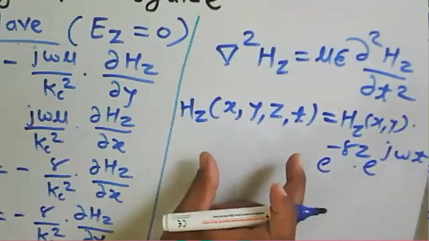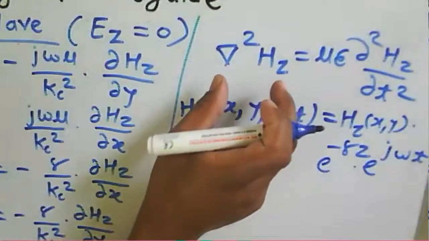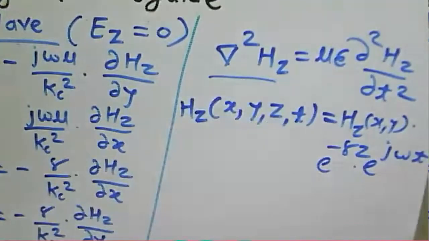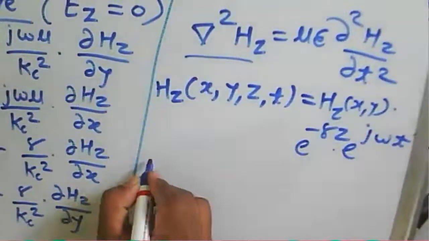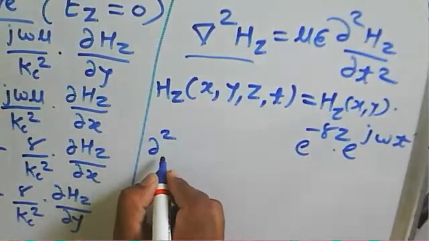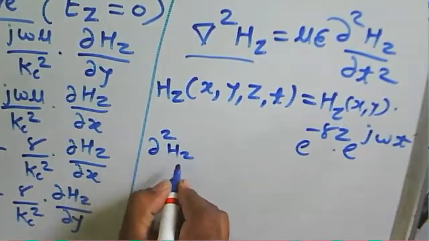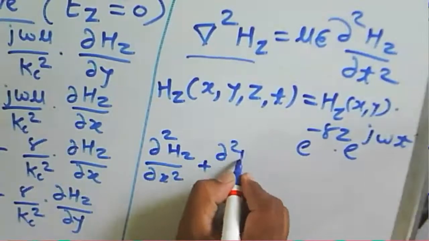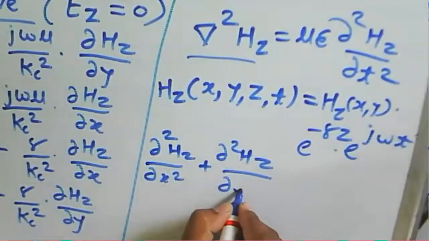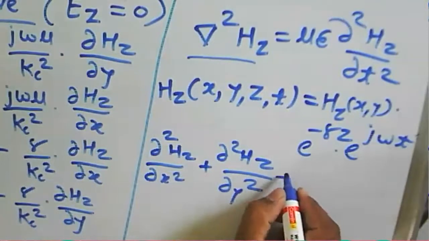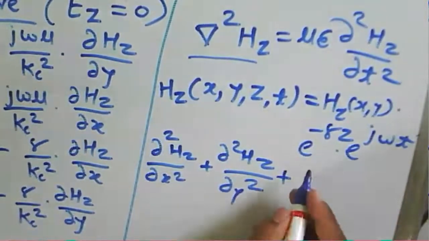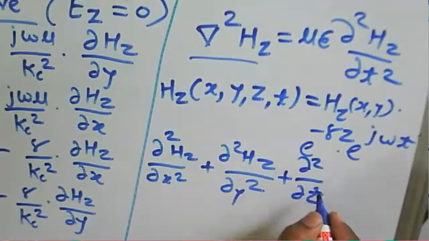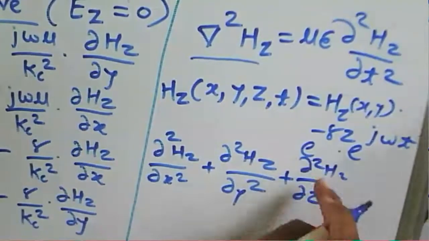Now we solve this for del square Hz, where del is the vector operator. We get dou square Hz by dou x square plus dou square Hz by dou y square plus dou square Hz by dou z square.